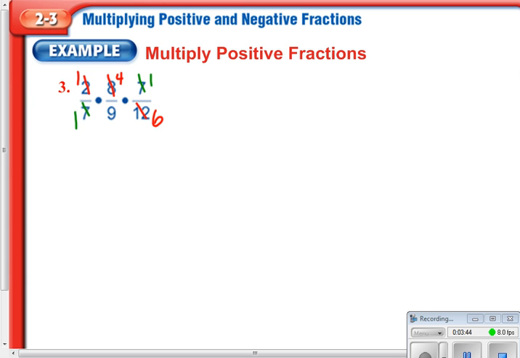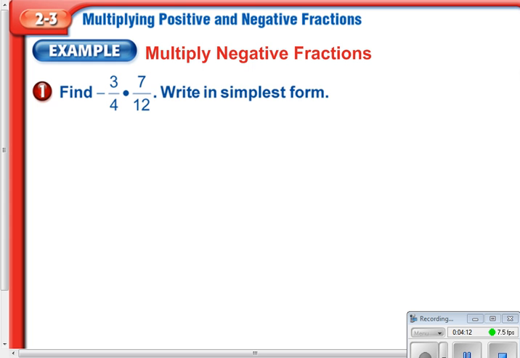So I took a 2 off the top, I need to take a 2 off the bottom, which would wind up giving me 3. Now, I can't do anything. I have a 1, a 4, a 1 on top, and I have a 1, a 9 and a 3 on the bottom. Now I can go ahead and multiply. 1 times 4 times 1 is going to give me 4. 1 times 9 times 3 gives me 27. So I wind up with 4/27.